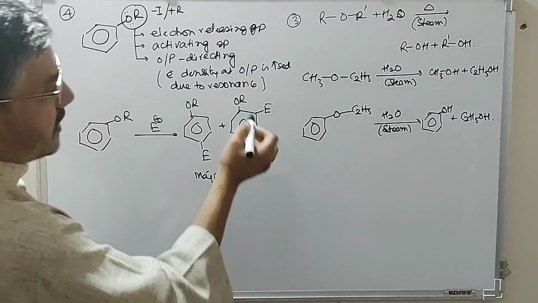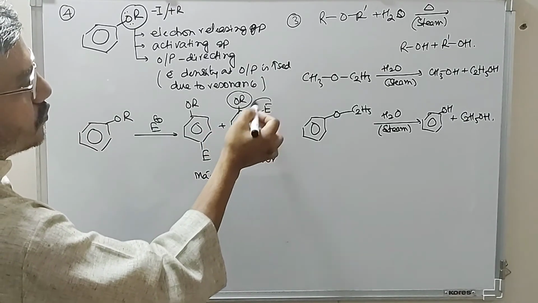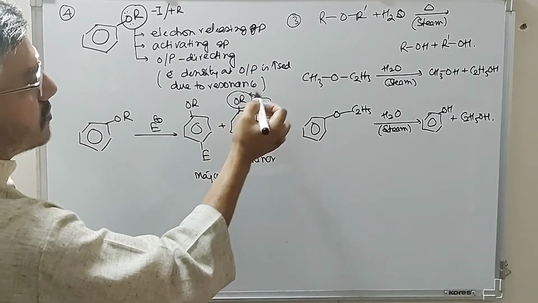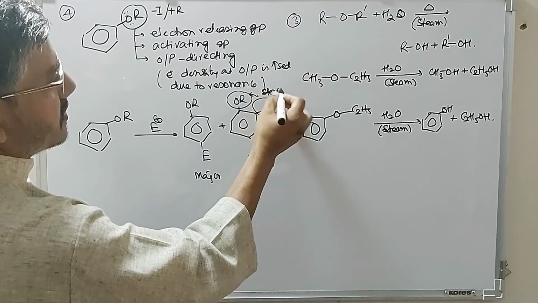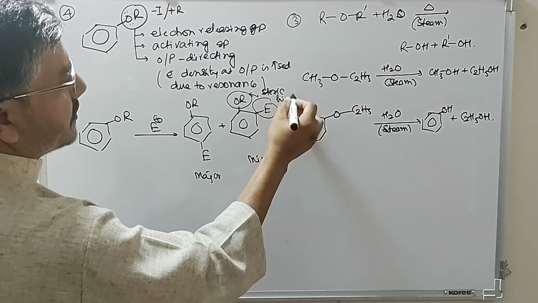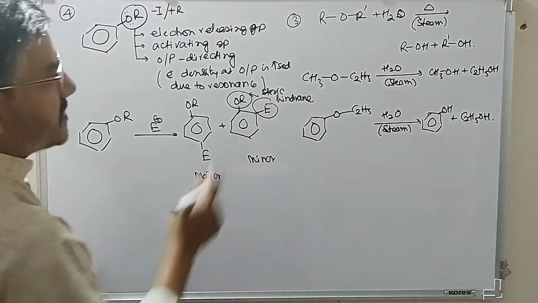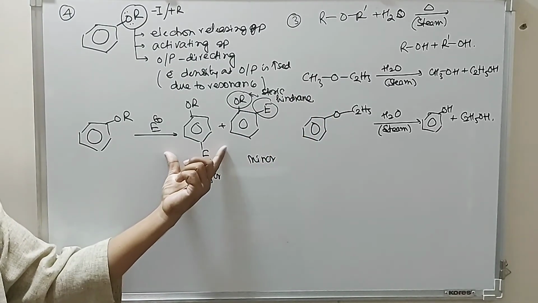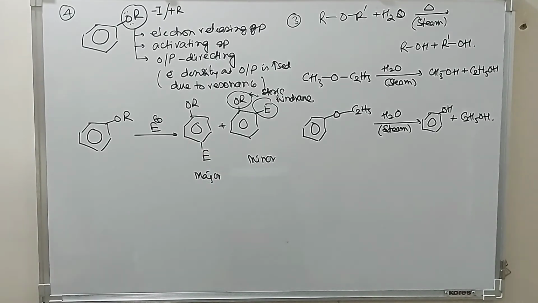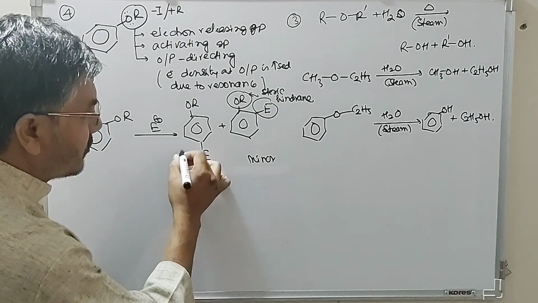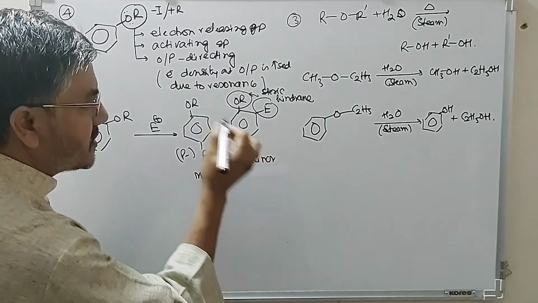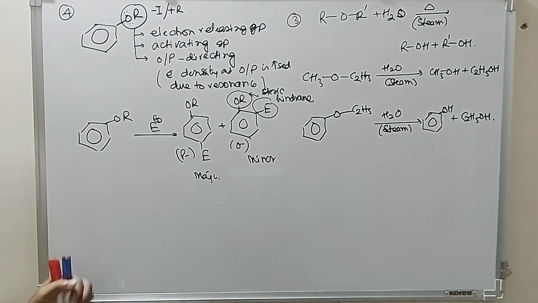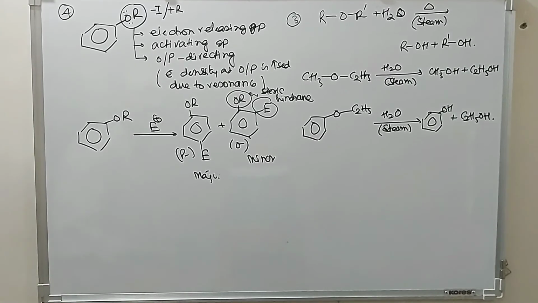The reason is at this ortho, these two groups are close to each other, so this undergoes steric hindrance, means crowding effect. Because of this steric hindrance, ortho will be forming as a minor compound, but the major will be the para compound. So para is major, ortho is minor compound. And we can have various electrophilic substitution reactions.